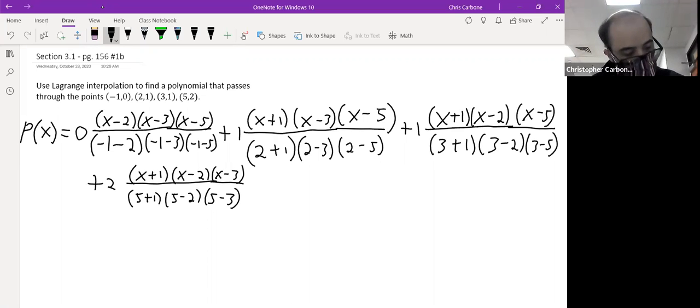And then we would need to multiply these polynomials together in order to obtain whatever the function is going to be when we do that.